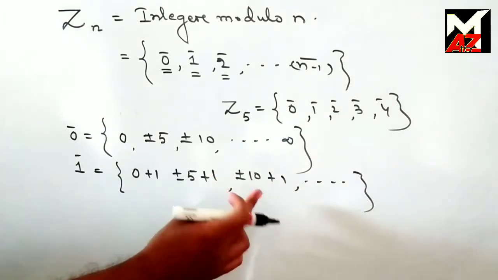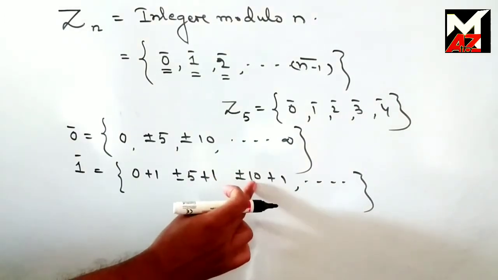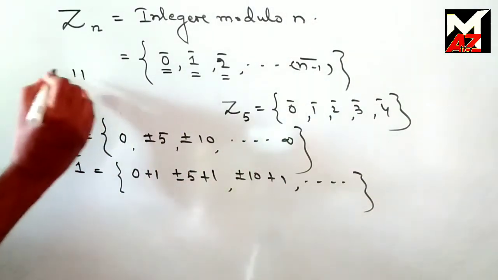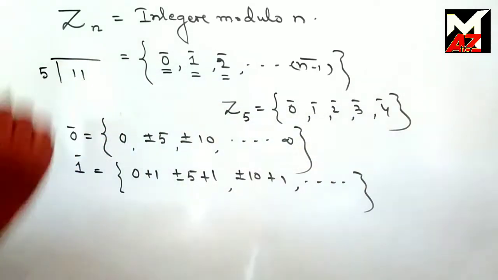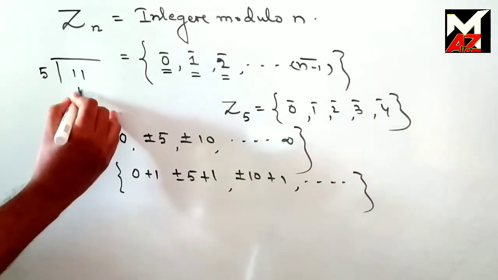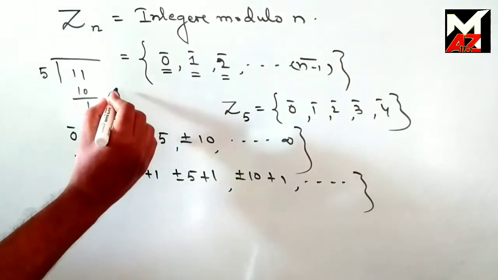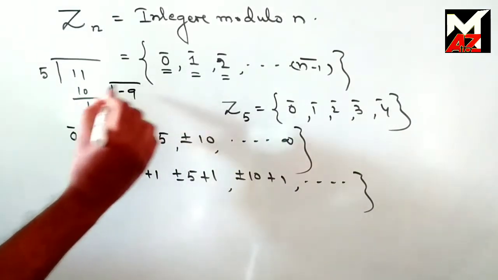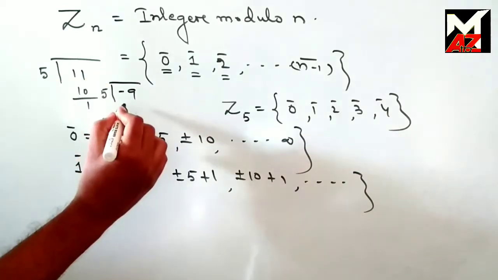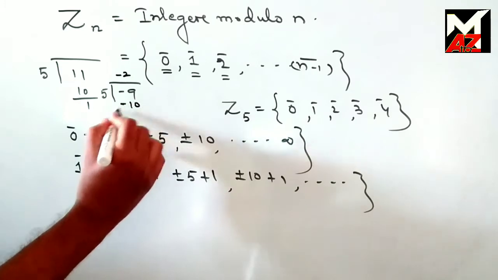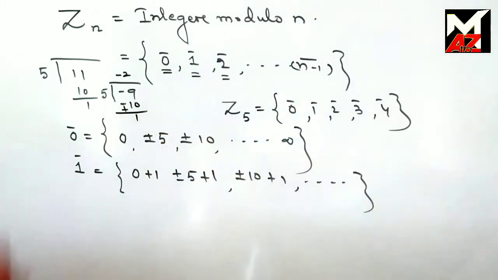Here we see that one element is 11 and one element is minus 9. Now if we divide 11 by 5, then obviously the remainder is 1. Also if we divide minus 9 by 5, then obviously the remainder is 1.